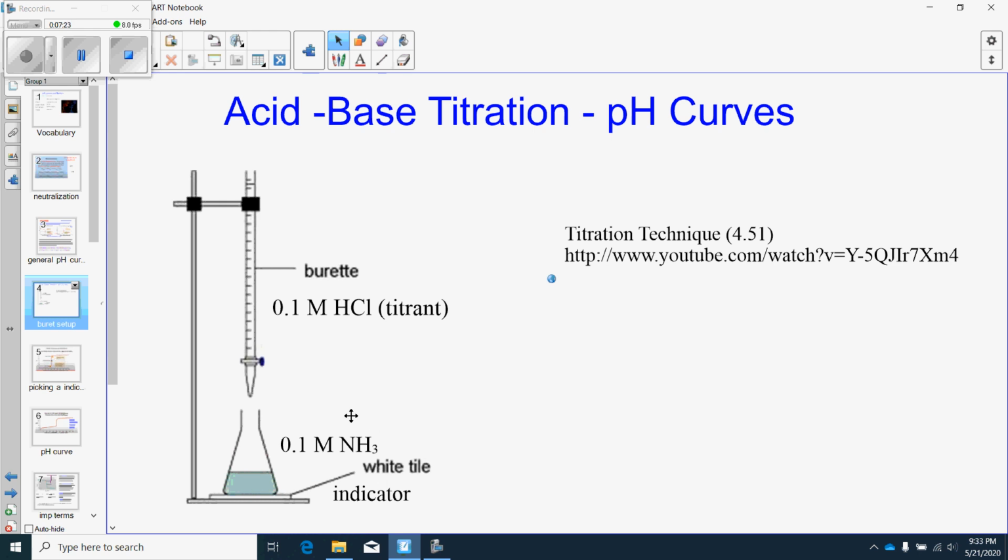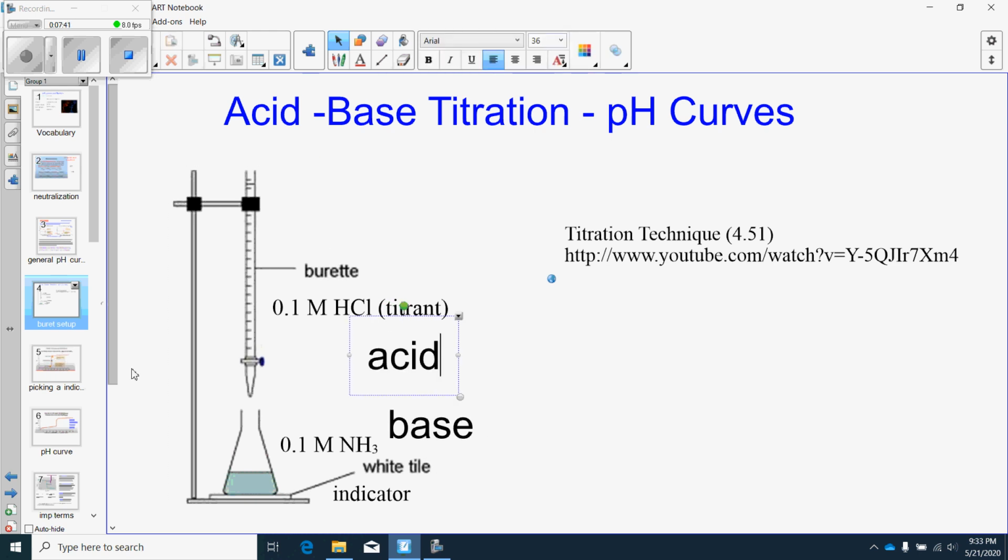The reason is because we're going to add acid to it. So we have our base down here, and it's going to have a pH that's greater than 7. And we have our acid up here, and we're going to mix them together. That's what an acid-base reaction is.